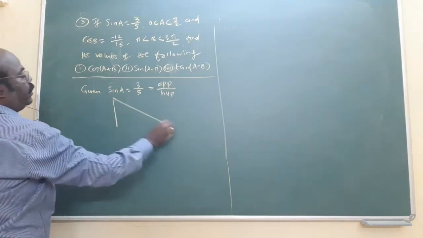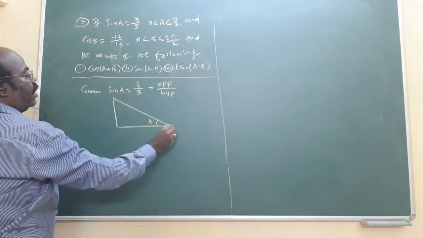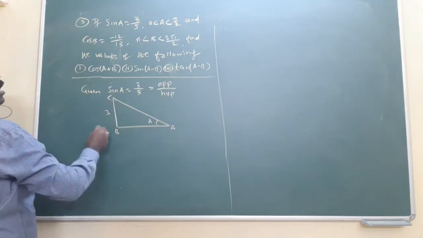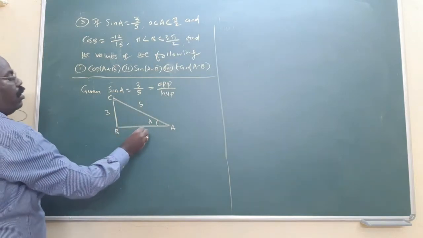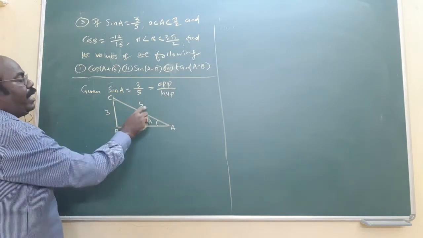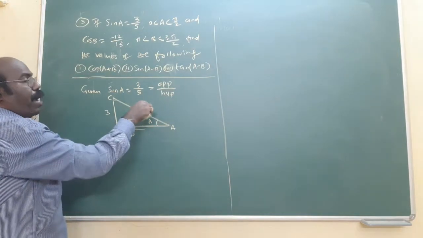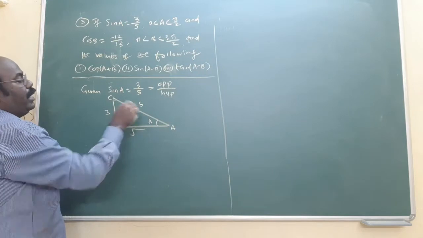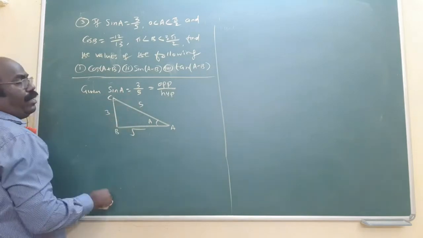In the diagram, this is A, B, C. Am I right? Opposite is 3, hypotenuse 5. We want this one. Listen here: suppose the hypotenuse is asking for the sum of the squares of the other sides. Suppose the hypotenuse is given, what is the formula?